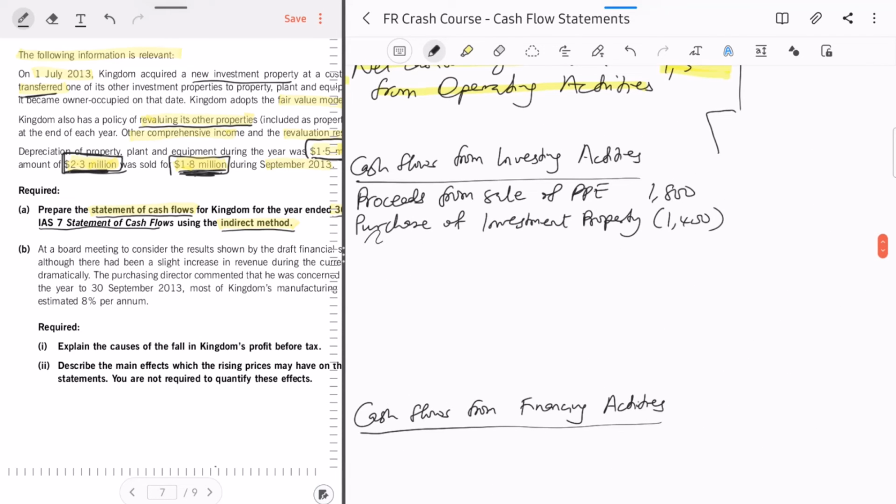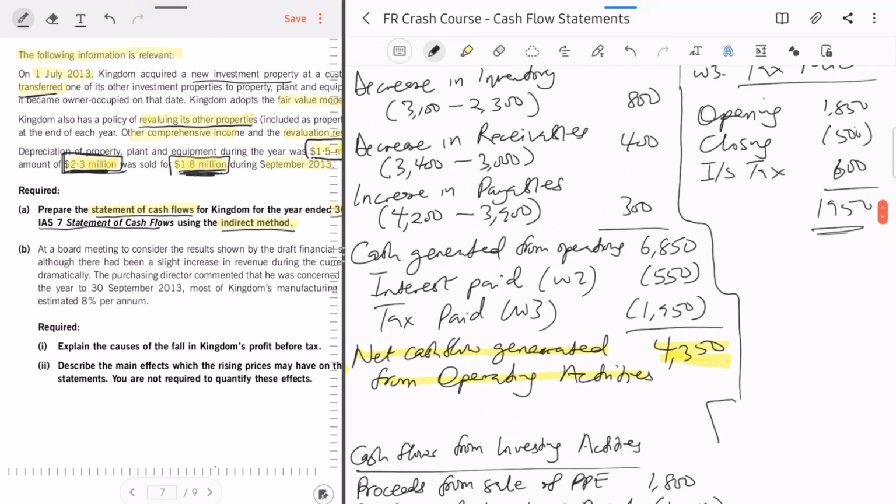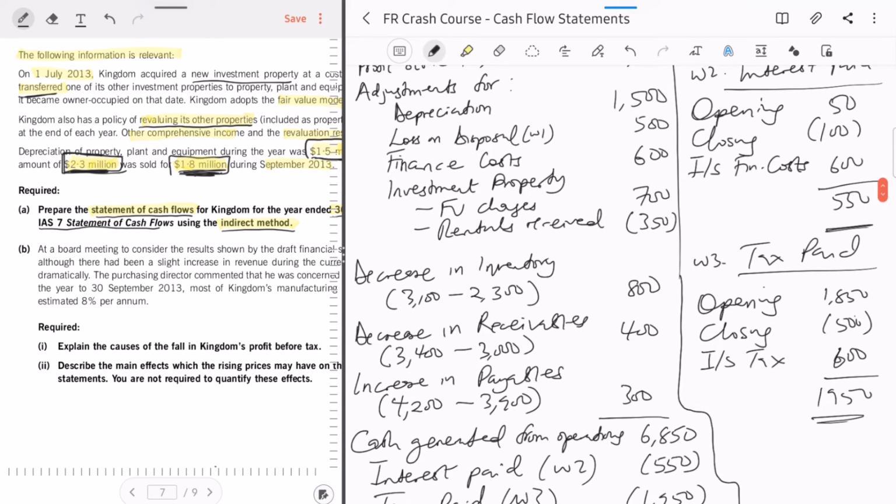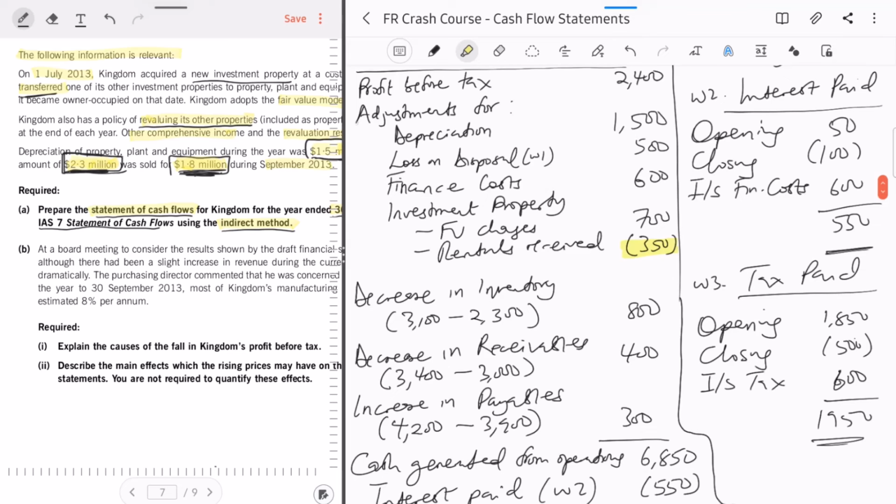I say purchase of PPE, 5,000 outflow. And then still under investment activities, if you remember, there was some rentals received right here of 350, which we made an adjustment only because it appeared before between profit before tax and operating profit, right?